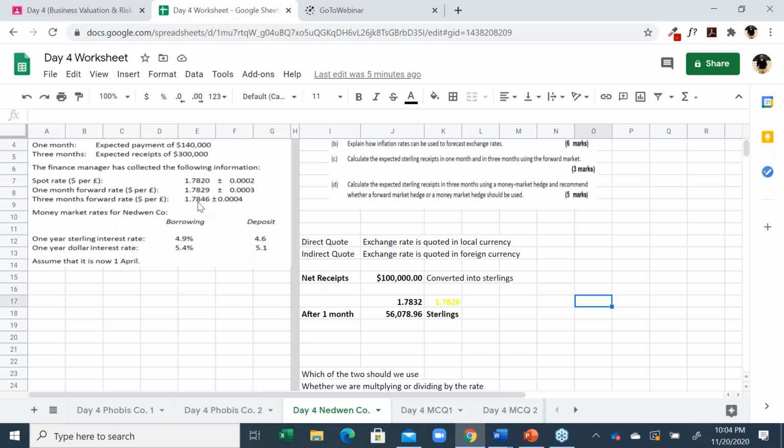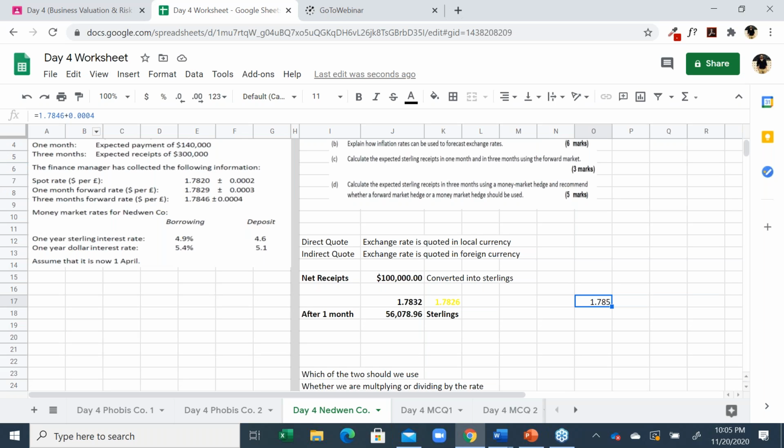So the 3 month forward rates are 1.7829, sorry, 1.7846 plus 90004. That's the rate we should be using. And after 3 months, what is the amount that we will be getting?